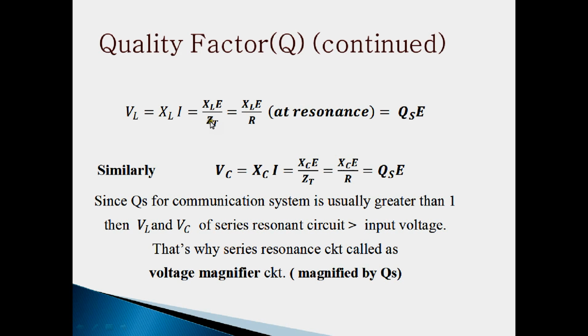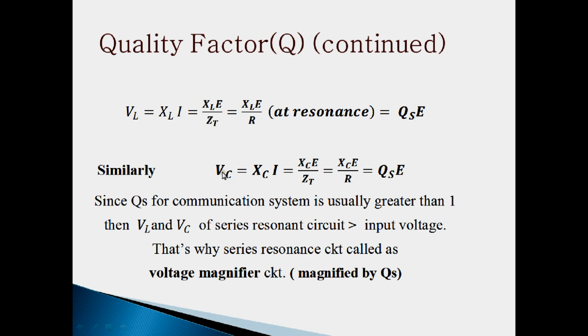At resonance, ZT is equal to R. XL is as it is, and applied voltage E is also as it is. So at resonance, quality factor at resonance into E is equal to voltage across inductor.